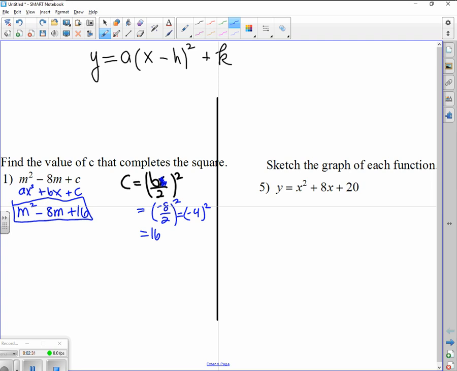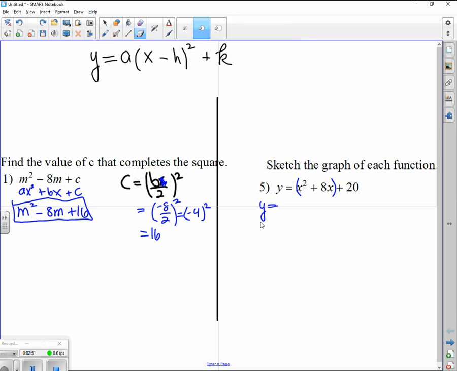Okay, so now to make this equation look similar to that equation, you're going to do the same thing. First thing you're going to do is rewrite the problem, y is equal, and group the x's together.